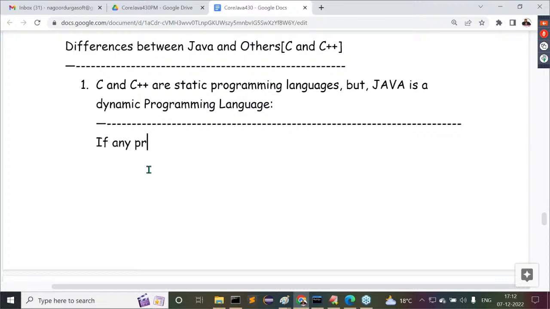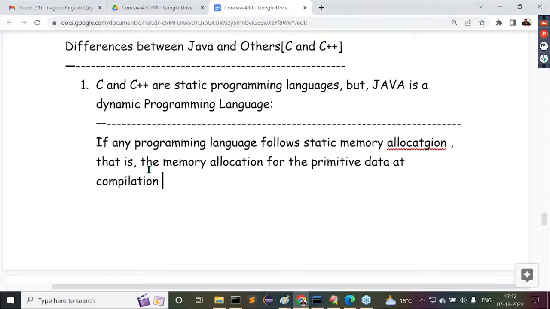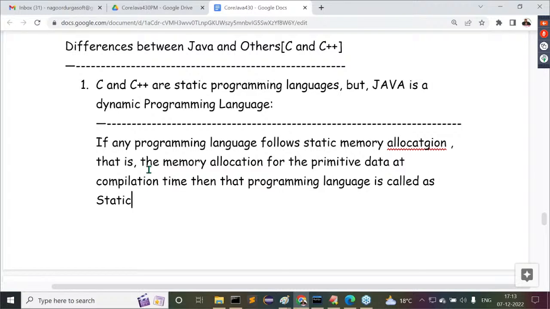If any programming language follows static memory allocation, that is the memory allocation for the primitive data at a compilation time, then that programming language is called a static programming language.